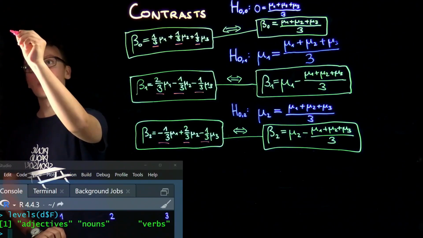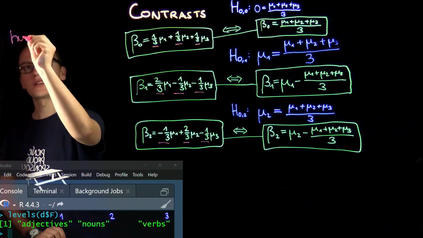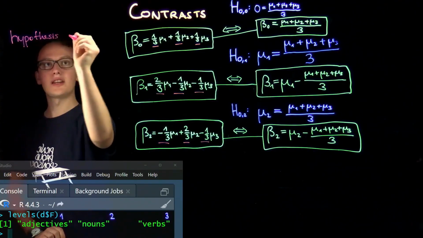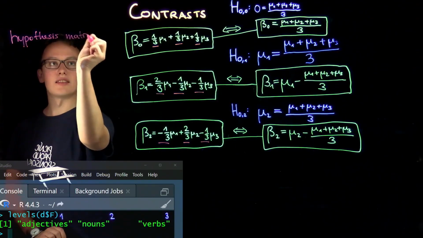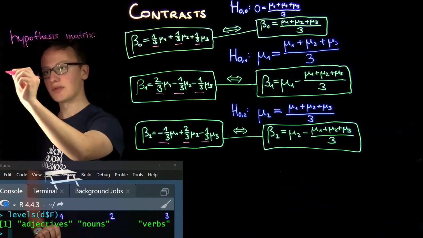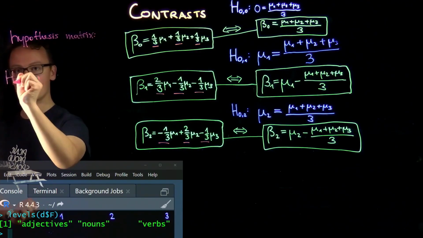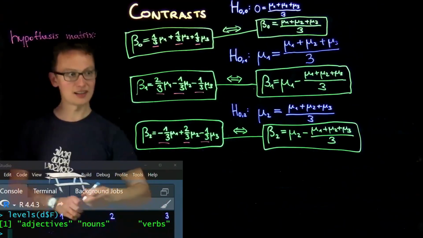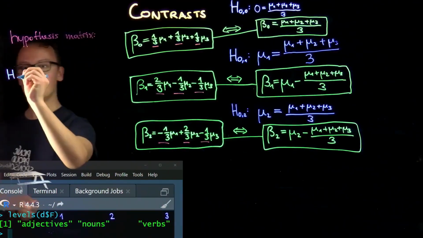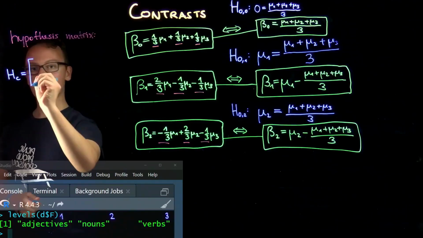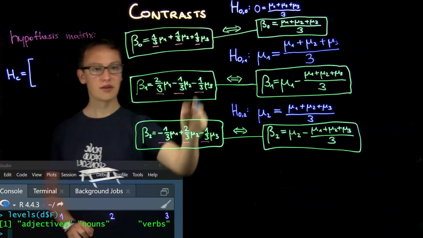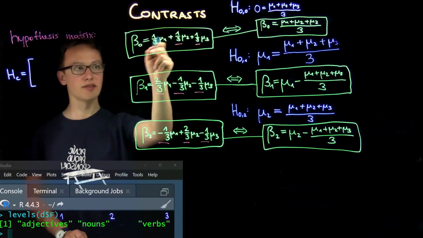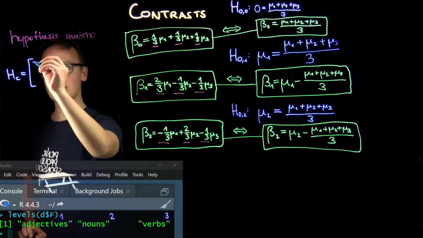And this will be the so-called hypothesis matrix, also usually abbreviated as HC. And the idea is, okay, so let me first formulate this matrix. So HC is equal to just this matrix, in this case a 3 by 3 matrix, where the first row will be populated with the values for my beta 0 for the intercept comparison.